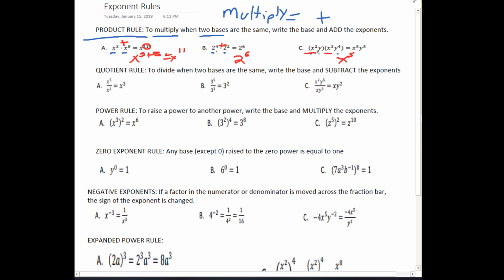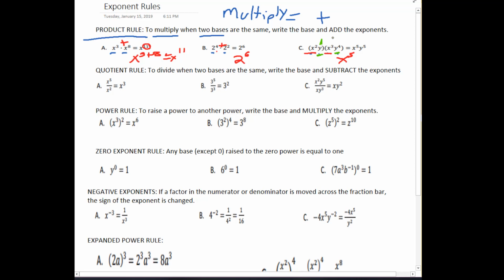And then we do the y's. So the y is here, and the 4 is here. Now, one thing to remember, when we have a variable with no exponent, it still counts as 1, doesn't it? So this y has a value of 1.